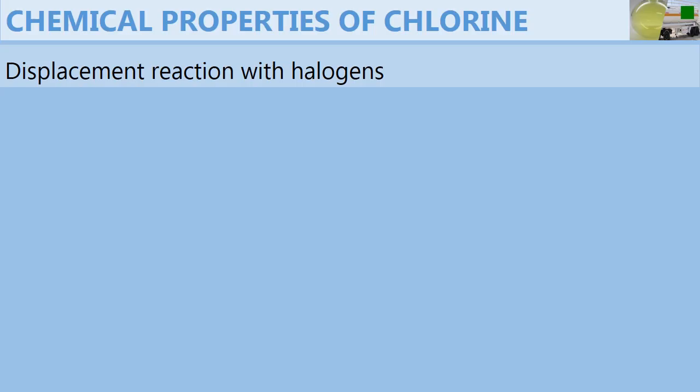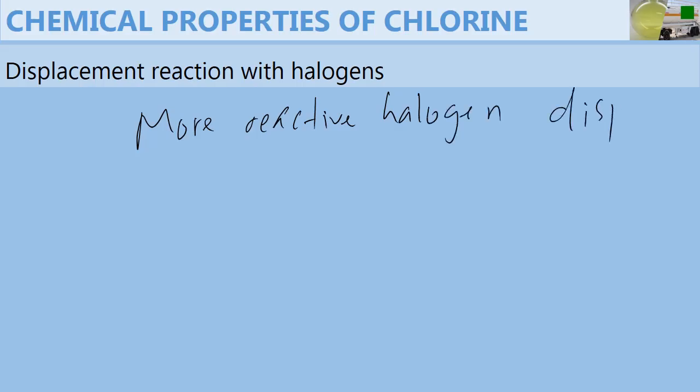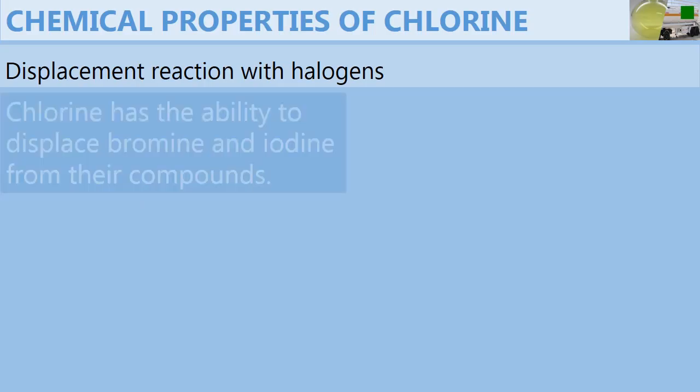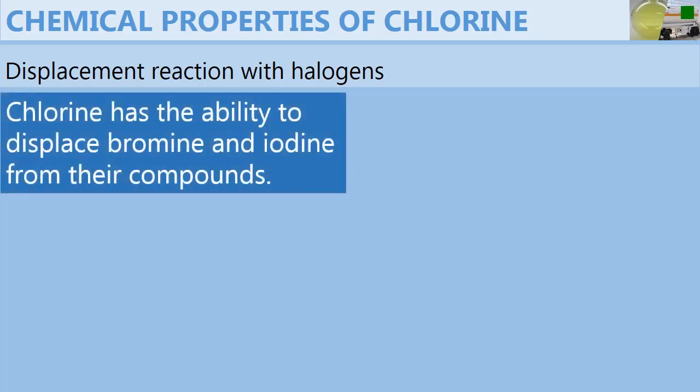As you remember, the rule is that the more reactive halogen displaces the less reactive halogen. So let us begin. Chlorine has the ability to displace bromine and iodine from their compounds.